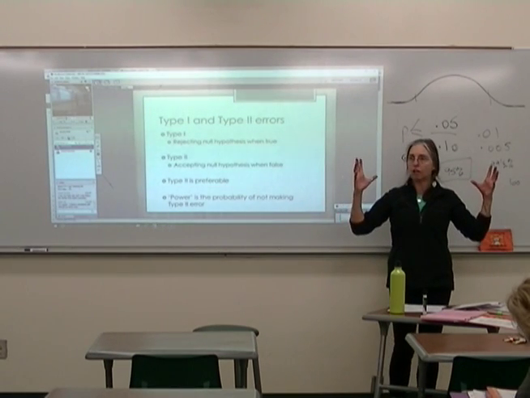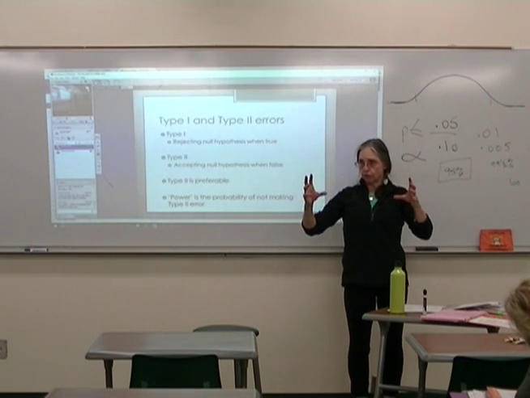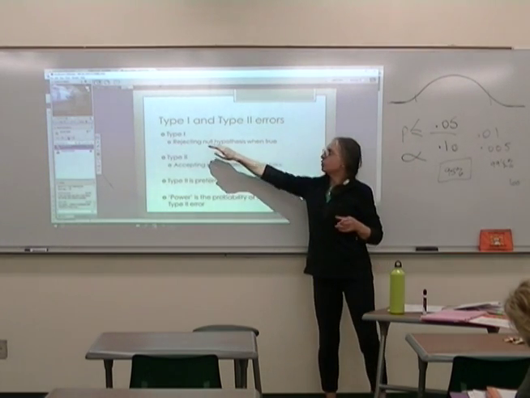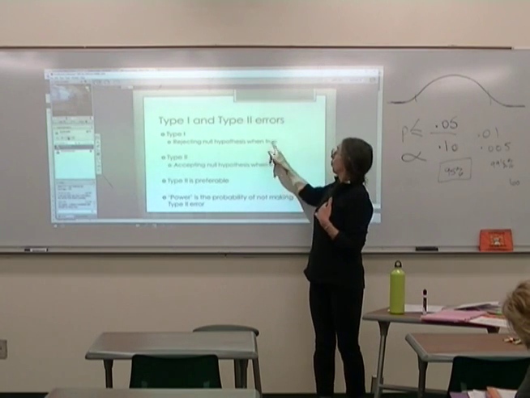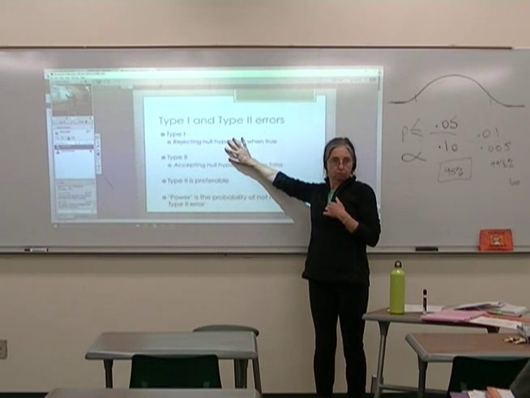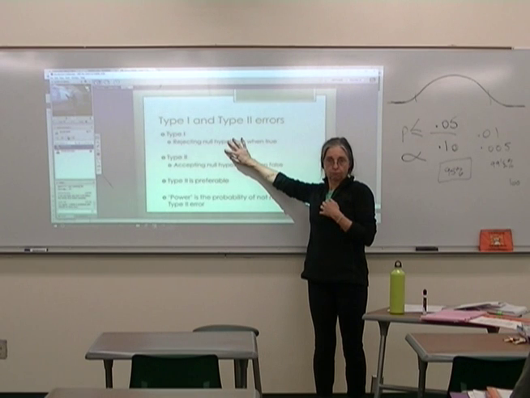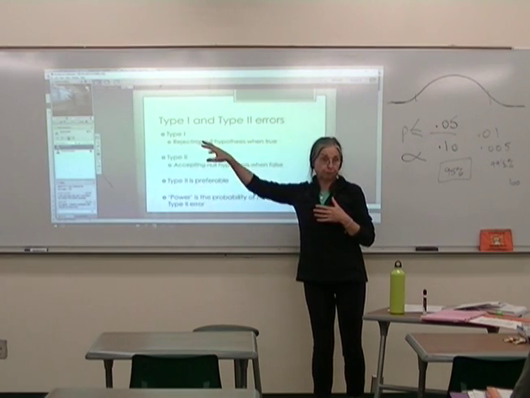So remember, the null hypothesis means I don't find a difference. I reject that. I say I did find a difference when actually no difference existed. I misinterpreted the data. That's a type 1 error.